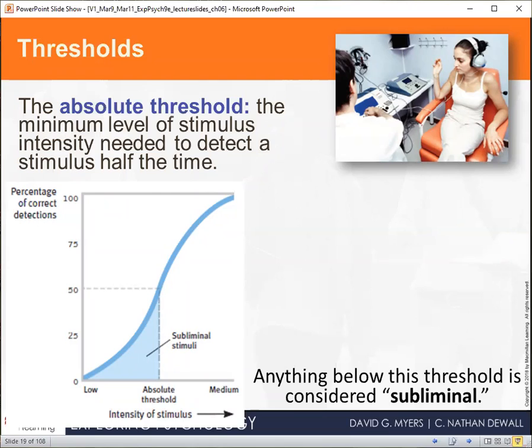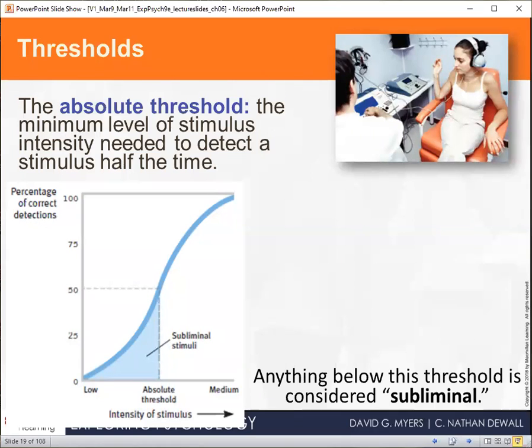And as you'll get used to, when you hear anything dealing with a threshold, half the time is important, because what they're saying is that half the time you'll detect that something is there, and half the time you will not be able to detect there's something there. And that's how they determine the absolute threshold. Half the time you say there's something there, and half the time you don't.